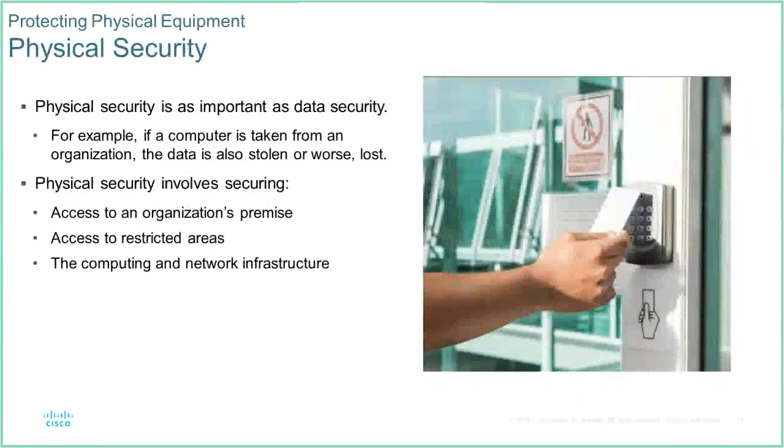Physical security. So your servers and devices that need to be secured should be in a secure room that has a secure lock on it. You need to restrict access to these areas to only authorized personnel, and you need some form of monitoring.